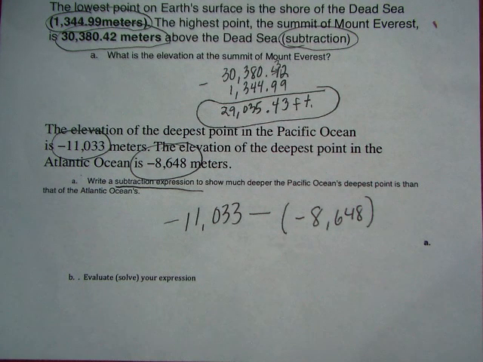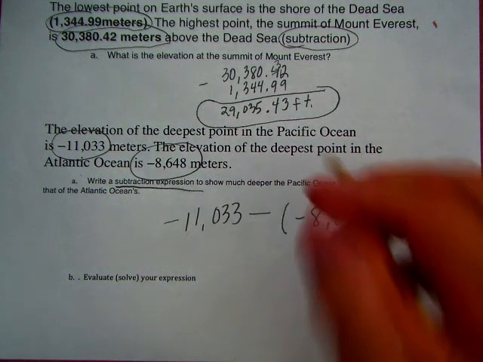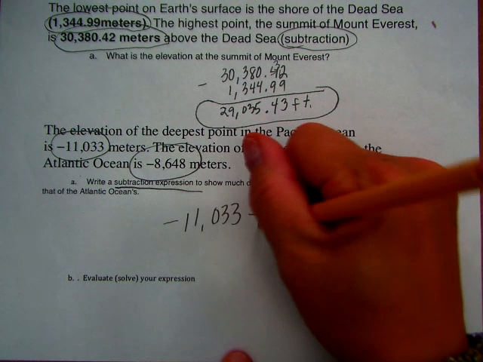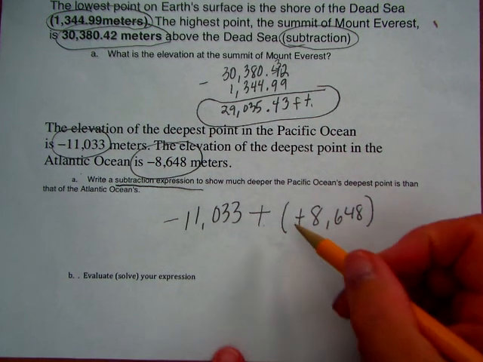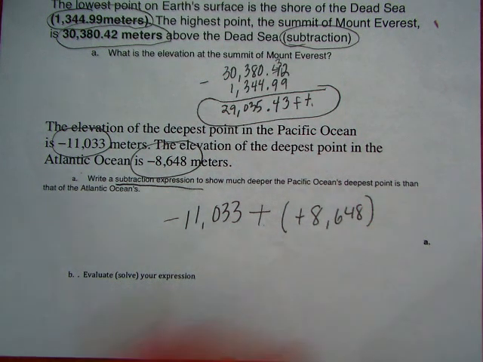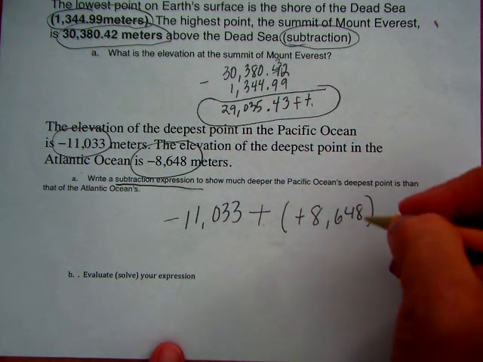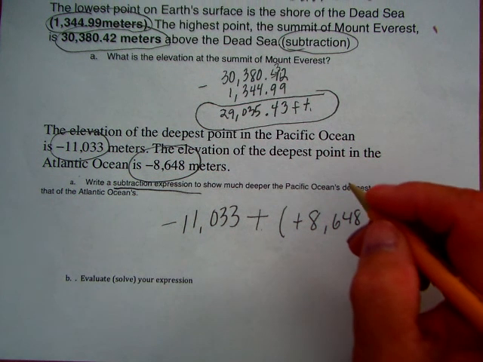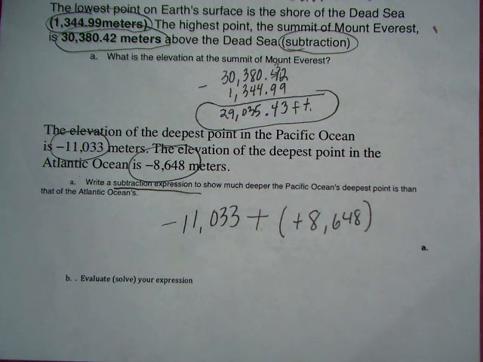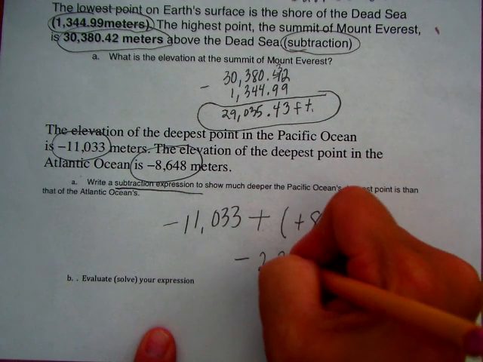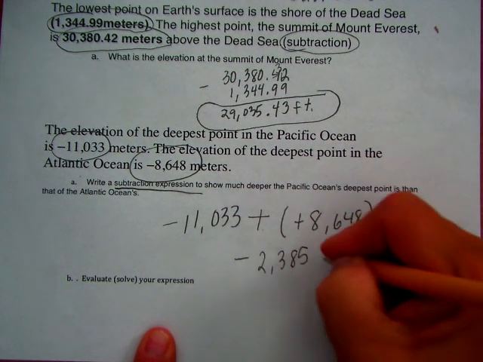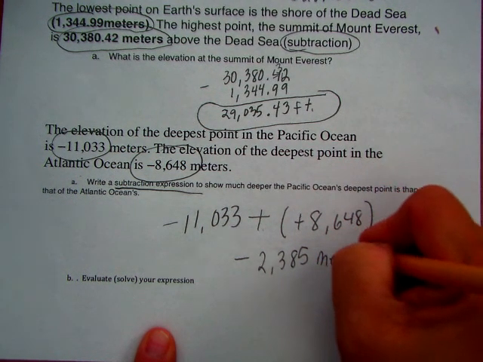Well, we already know that when you have two negatives next to each other, you turn the negatives into a positive. Negative plus a negative turns to a positive. And then when you add those two together, it turns into negative 2,385 meters.